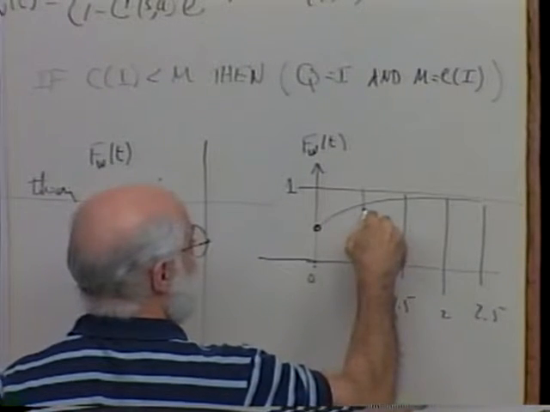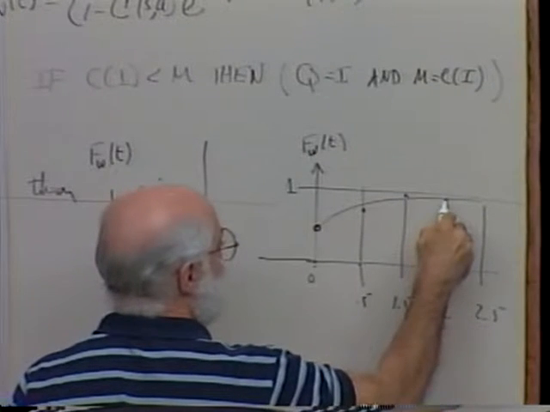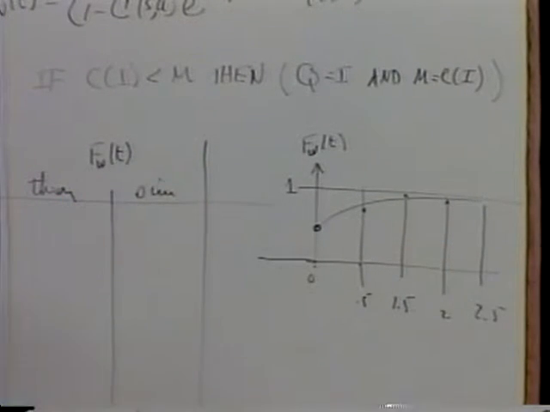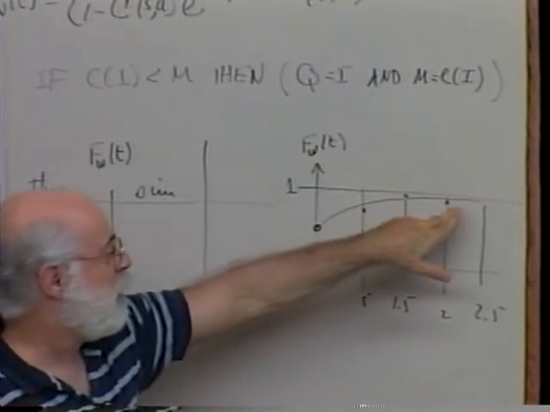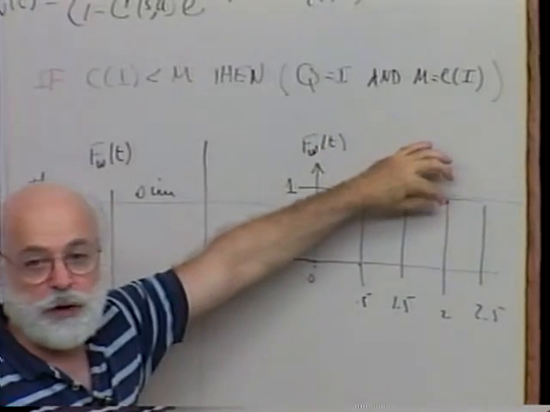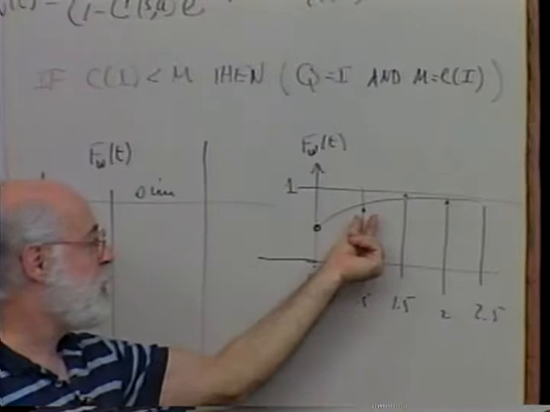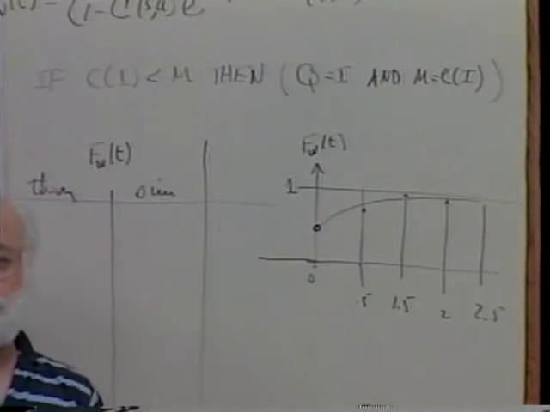That's the simulation value. And then there'll be a value here. Maybe it'll be there. And a value there, and so forth. So what I want to see is the theoretical curve, which is a smooth curve, and then the points are the data points from the simulation. And of course, what should happen is the data points should be close to the theoretical values.